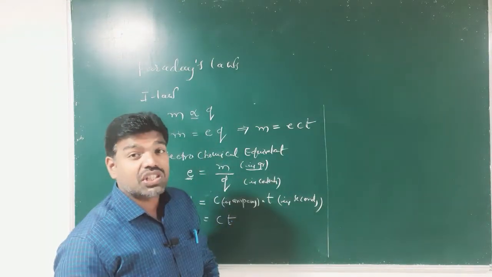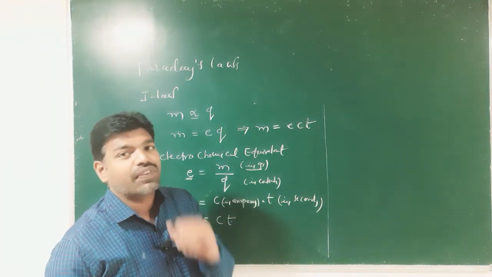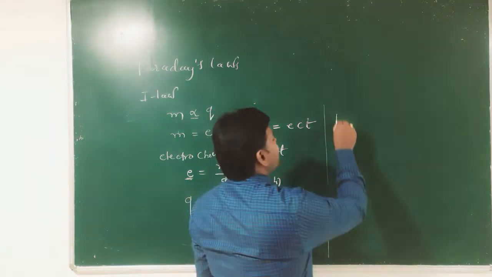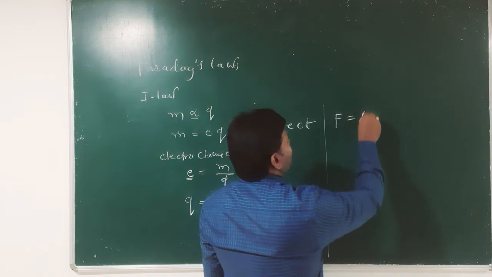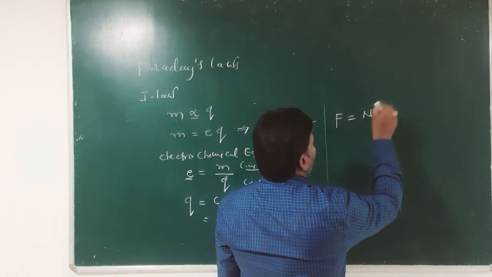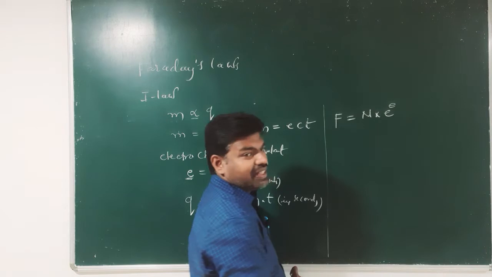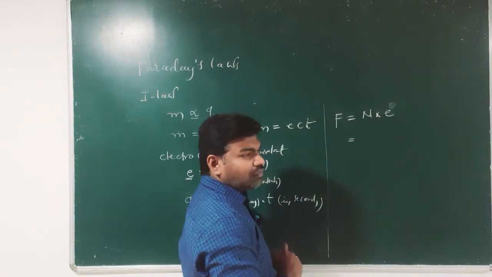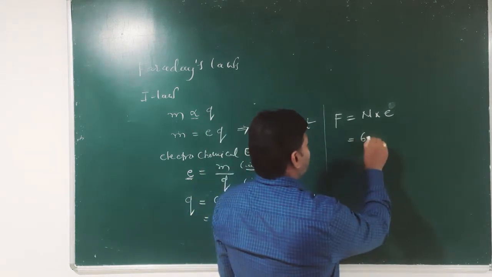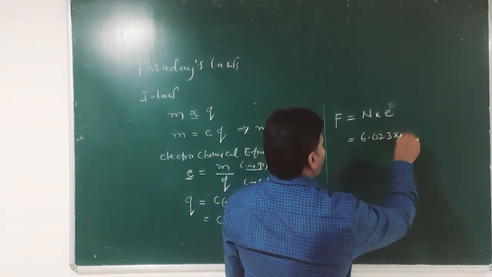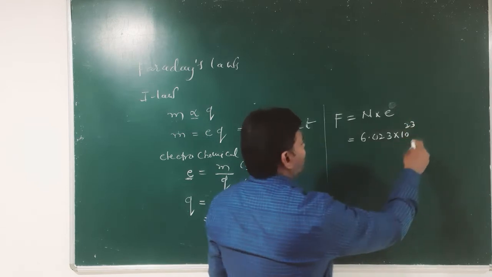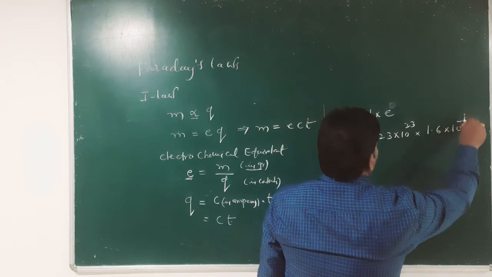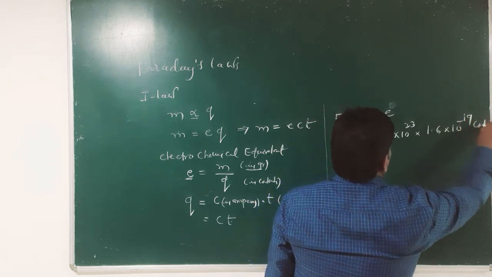the electric charge carried by 1 mole of substance is called Faraday. So Faraday is Avogadro number into electric charge, Faraday's constant. We know Avogadro's constant is 6.023 into 10 to the power of 23, and the charge of an electron is 1.6 into 10 power minus 19 coulombs.